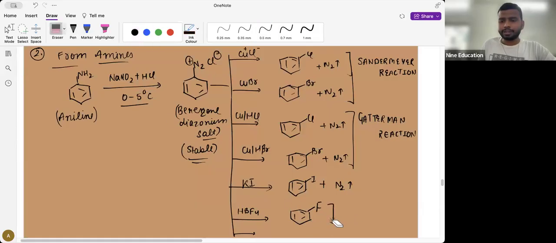We call this reaction the Balz-Schiemann reaction.